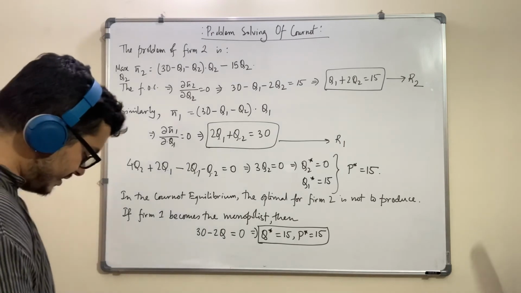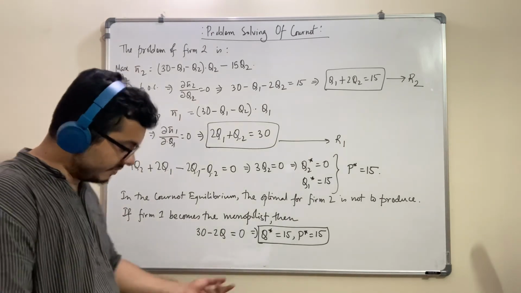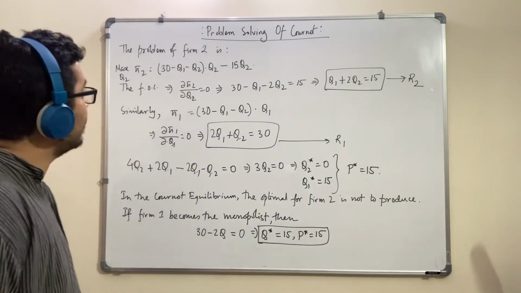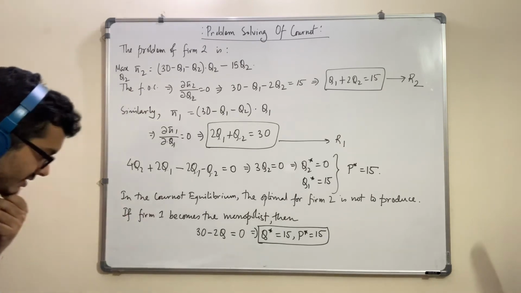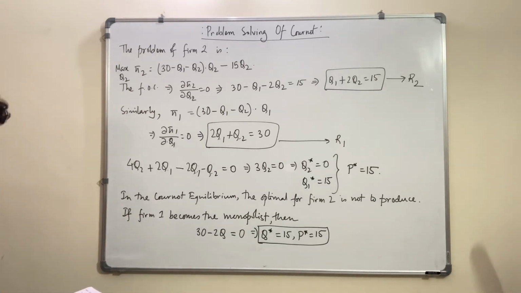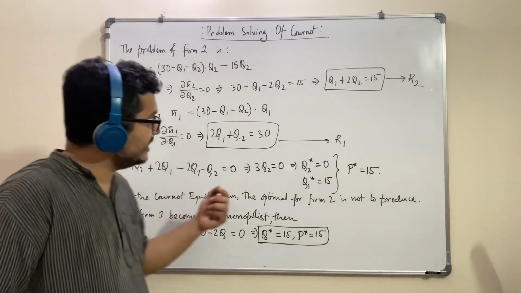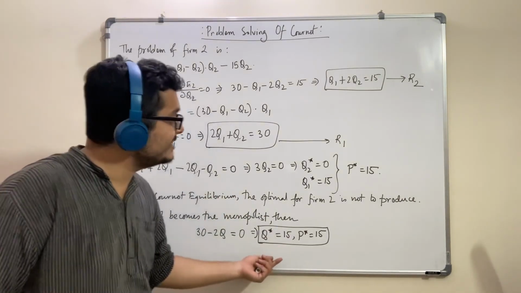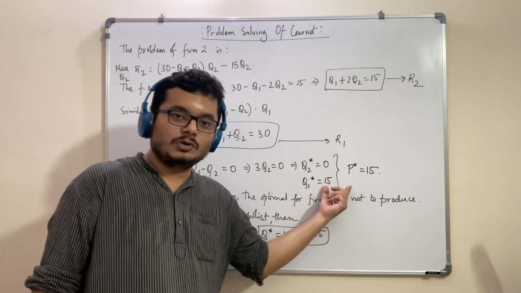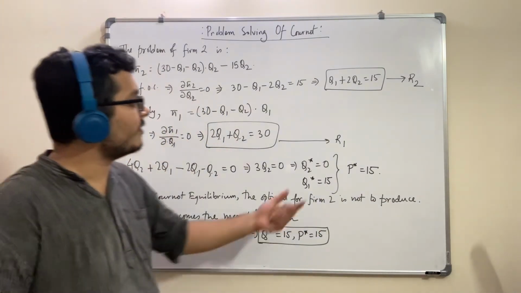Now, by doing this small problem solving, what we just observed is that this monopoly equilibrium is identical to the Cournot equilibrium that we observed.